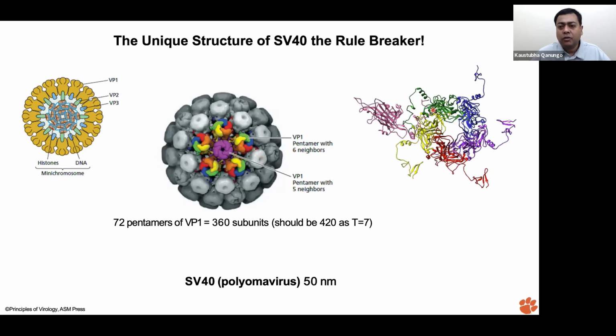And here it actually shows that these interactions are not really by this beta barrel motif or the topology that you were seeing, but these interactions are more of the N and the C terminal regions of the individual proteins. The interaction is different. So everything is different for SV40. Beta barrel jelly roll structure doesn't work in here.